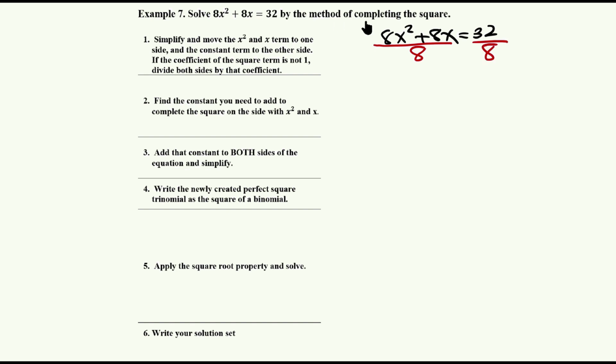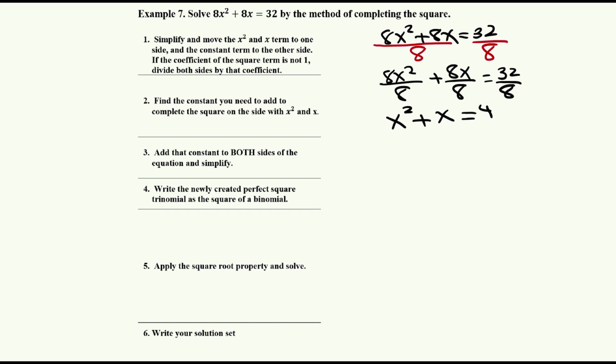Of course, this will split up, so we get 8x squared over 8 plus 8x over 8 equals 32 over 8. So simply x squared plus x equals 4.